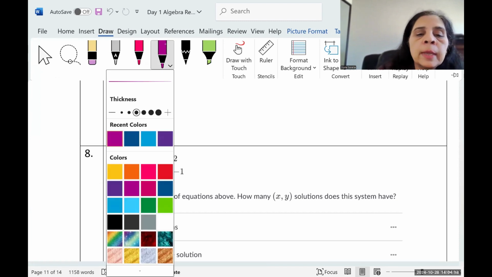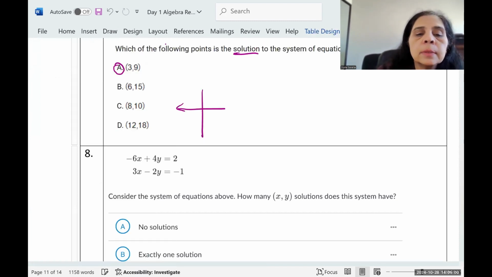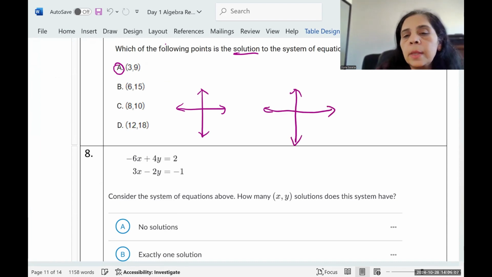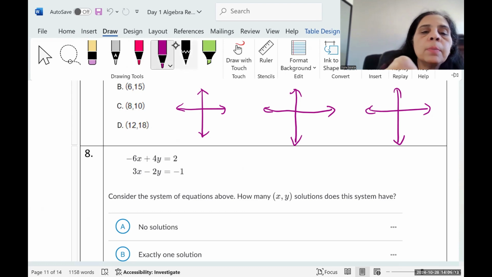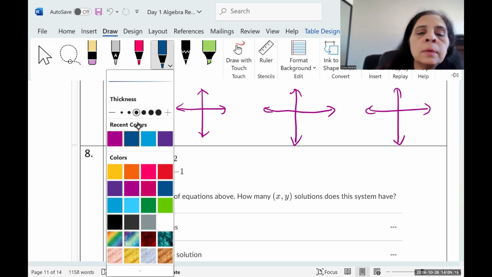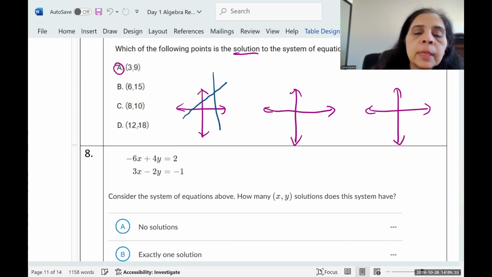Let's see our graph paper is like this. And how we can decide there is one solution, no solution, or infinitely many solutions. Let me change color.